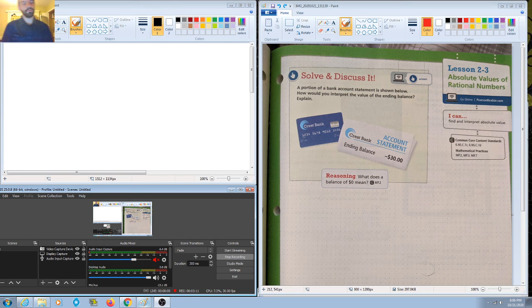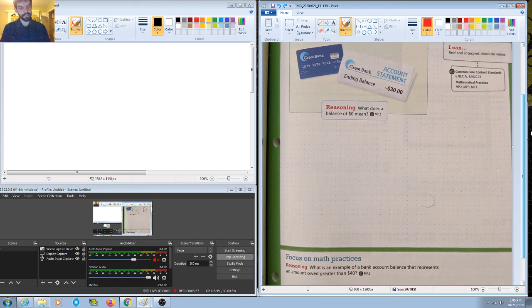Okay, so it's important to see that, again, 0 is going to be the main focus of this section. Just to reiterate, negative $30 as a bank account balance means that you're in debt to your bank of $30, because you spent $30 more than what your account had available for you.